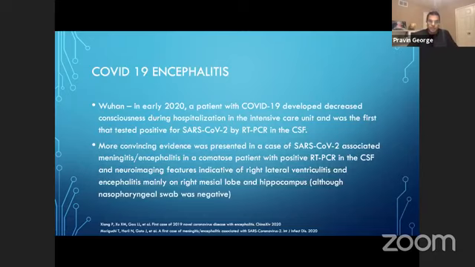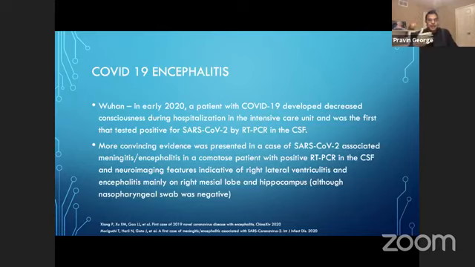They decided to do a lumbar puncture on this patient, and they found a positive PCR for this. Now, caution is highly suggested with this kind of N of 1 type of thing.